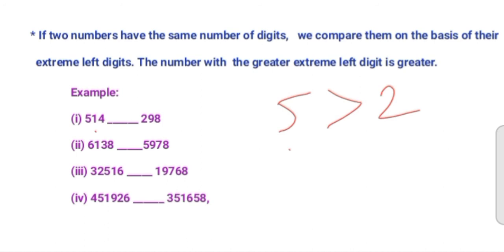So we have to use this operator. So here this is the biggest number, this is the smallest number. So based upon the biggest number, you have to use the symbol. So this symbol is the greater than symbol. So we can say that 5 is greater than 2.